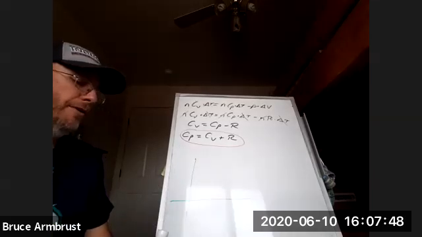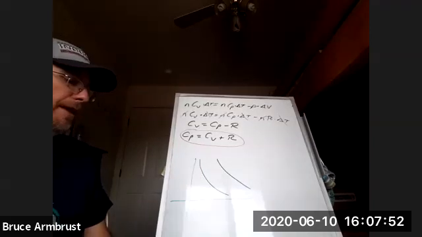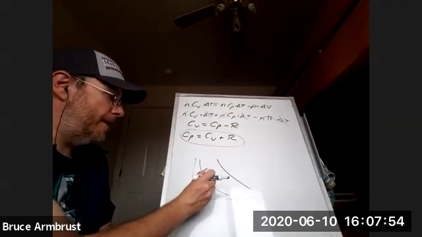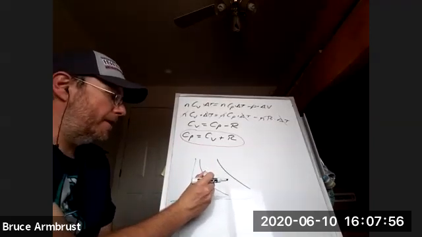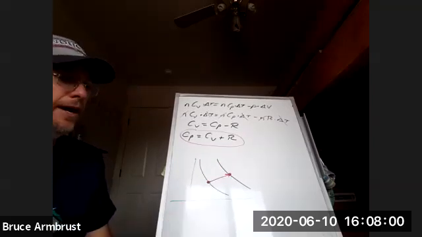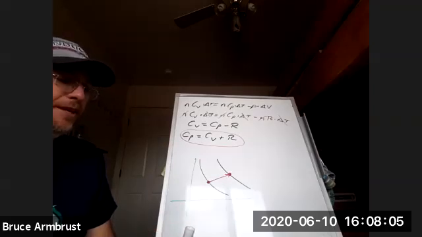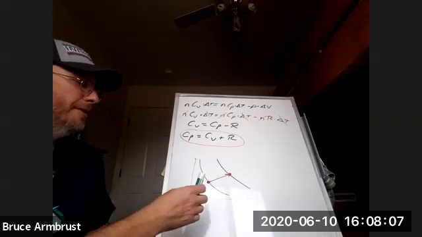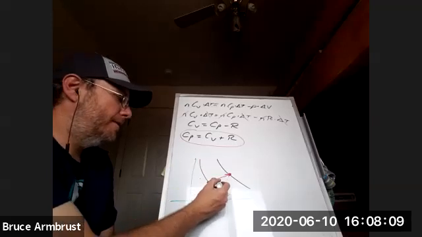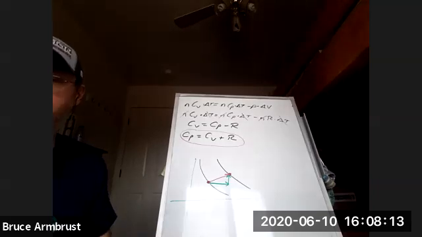So again, we're going from one isotherm to another. And let's say we're going to go from here, but we're going to go in this direction. Now, I don't want you to write this. Do not write this. Because if we do this, that's not the same process.